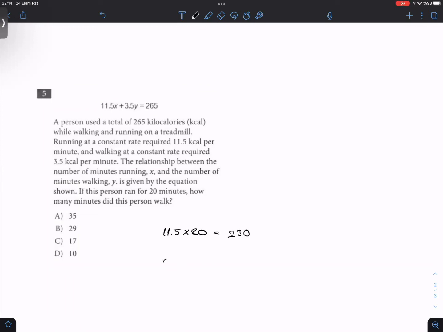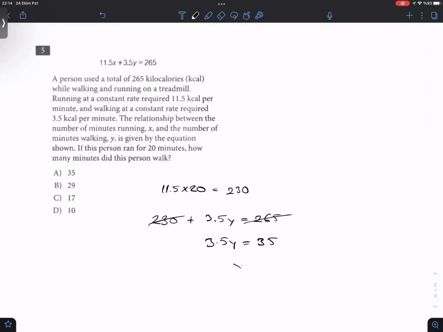So 230 plus 3.5y is equal to 265. Subtract 230 from both sides. We get 3.5y is equal to 35. And y is equal to, we just divide both sides by 3.5, which gives us 10. And that gives us choice D.